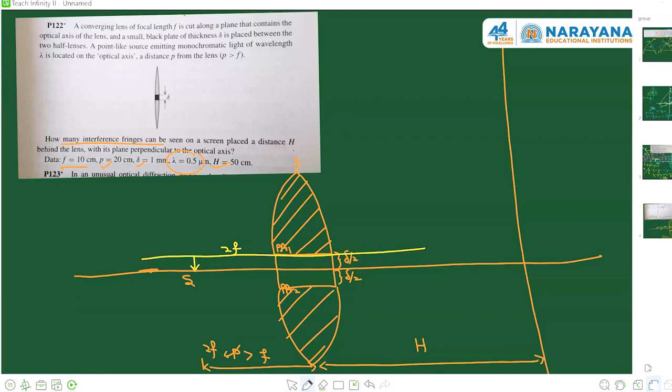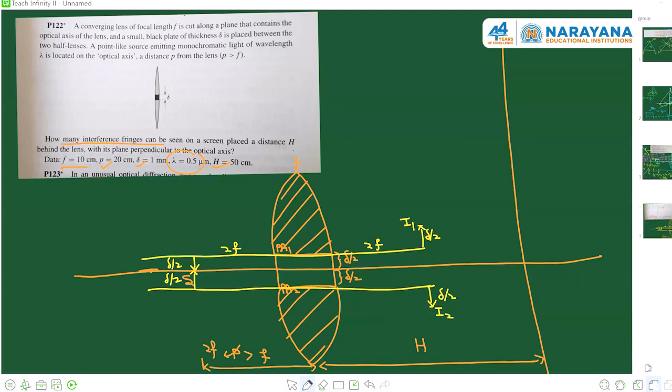I've not drawn this practically; the diagram is not in proportion. So this is 2f here. And delta by 2 is the object size, so you'll get delta by 2 here. So this is your image 1. And similarly, these are the easier points of the problem, like delta by 2 here. With respect to this, I'll get delta by 2 here, and maybe this is my image 2, I2 location.